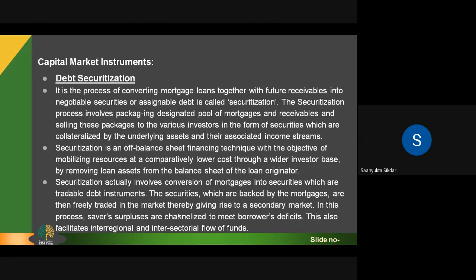Debt securitization. It is basically a process of converting mortgage loans together with future receivables into negotiable securities or assignable debt. This is what is done by, suppose, a bank. They have a loan portfolio.